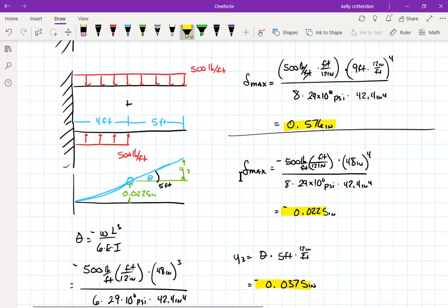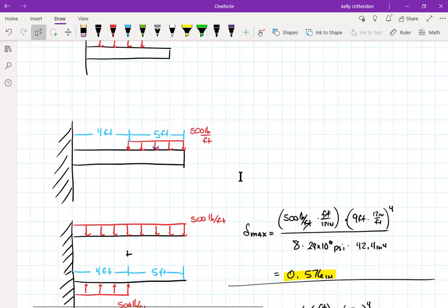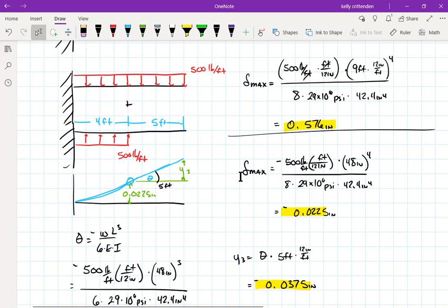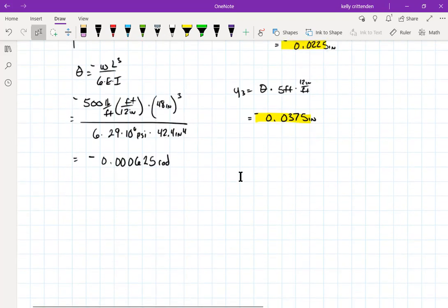So if I sum that and that, I should have the total deflection at the end of the beam that looks like that, where the distributed load is shifted towards the end of the beam, but not towards the wall. So let's see, 0.576, I subtract off 0.0225, subtract off another 0.0375, and 516.